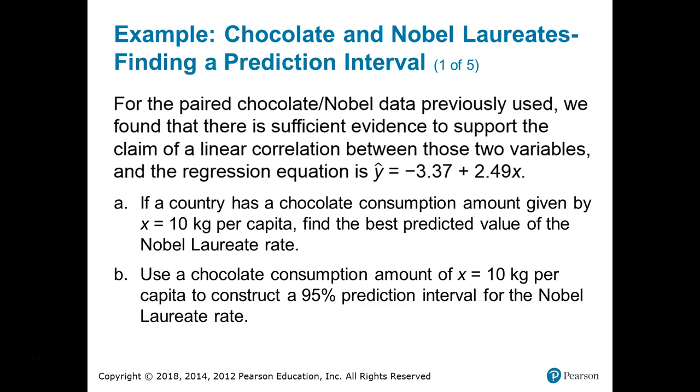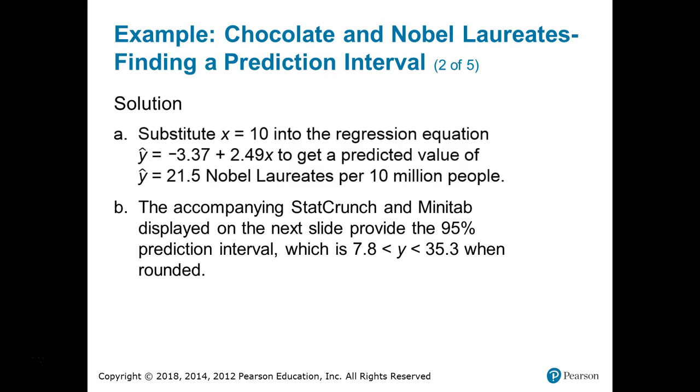So we want to know, with 95% confidence, what is the range that y value should be. If we substitute x into the equation, part A, we get that y hat equals 21.5 Nobel Prizes per 10 million people. That is what we expect, or what we're predicting that we will get. The next is we are going to create a confidence interval.